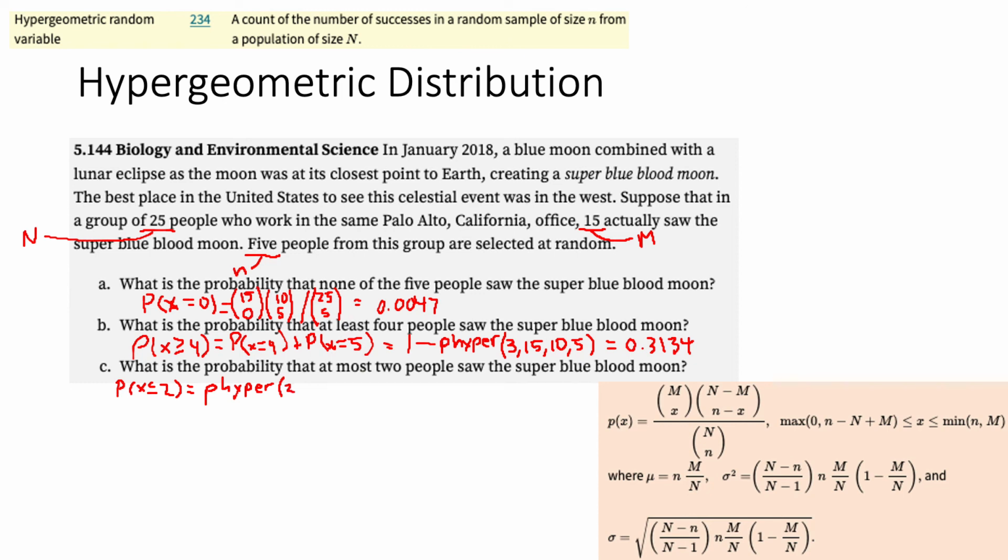And again, 2, 15, 10, and 5. So these last 3 parameters don't change. Our 2 is just whatever the question may ask us for. And that gets us 0.3012.